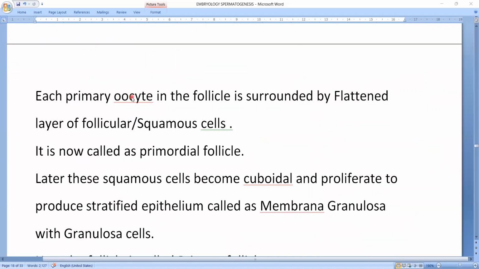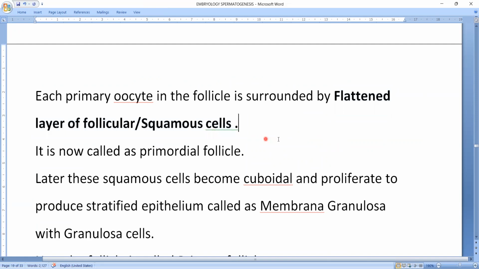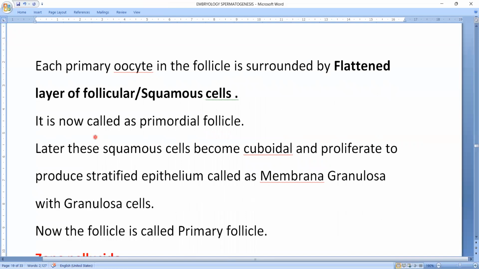Each primary oocyte within the follicle, actually, the follicle is surrounded by a flattened layer of follicular or squamous cells. Okay, so around each oocyte there are follicular cells. So technically they are squamous cells. Okay, so it is now called primordial follicle.